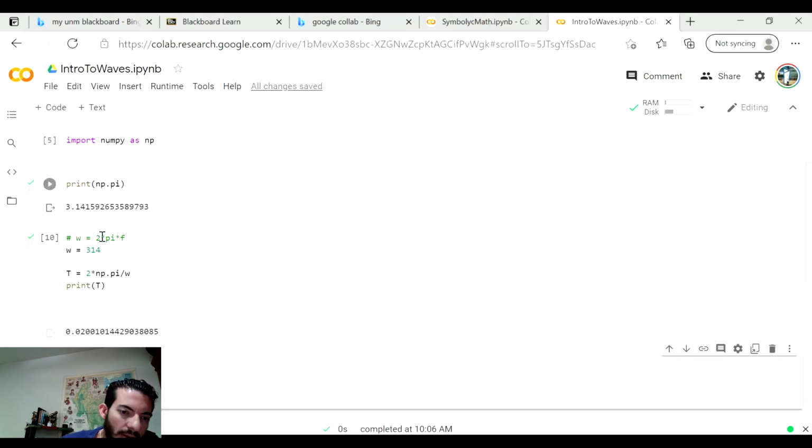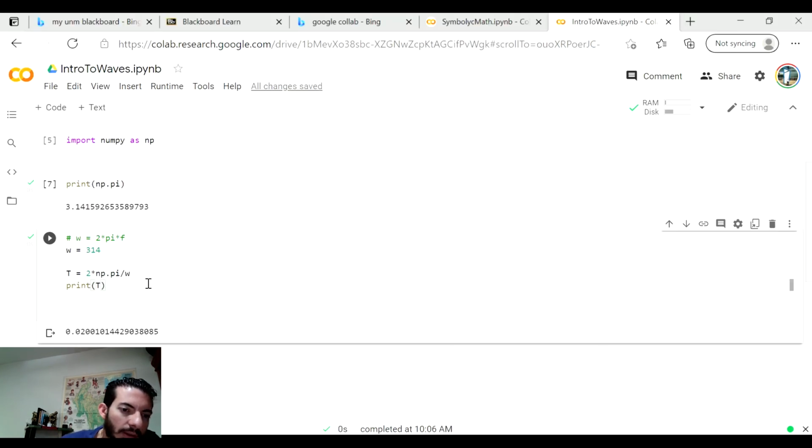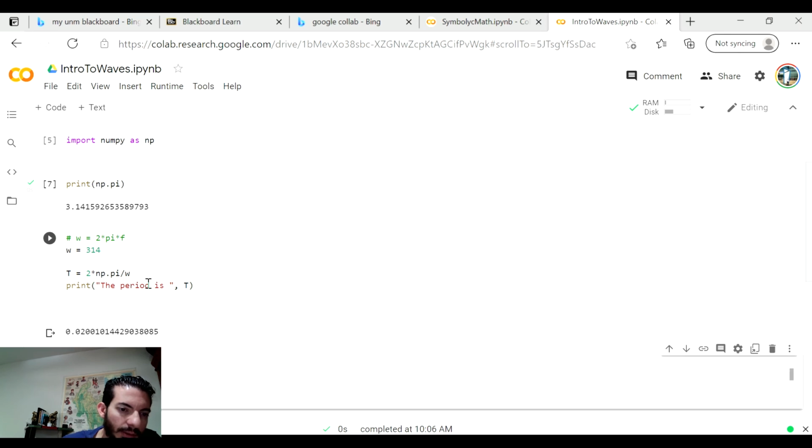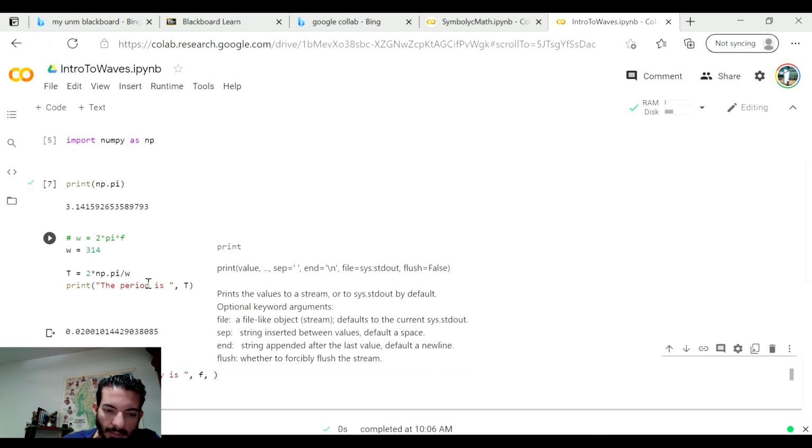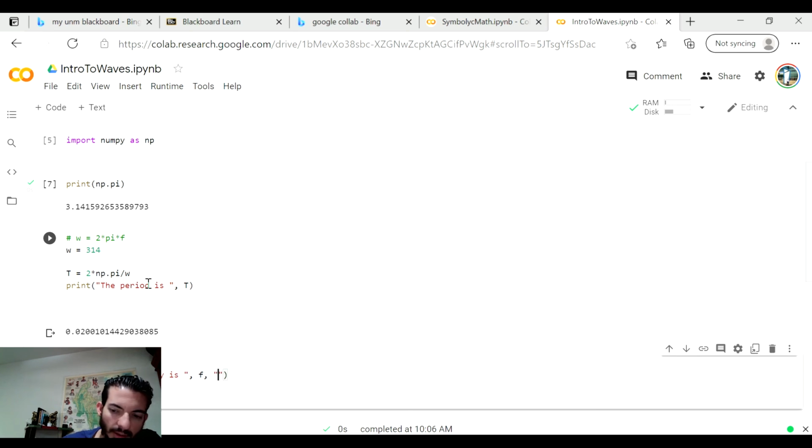So going back to this, for those of you who want to learn Python, this would be a good way of doing it. The period is this, and the frequency is this, then the units are hertz.